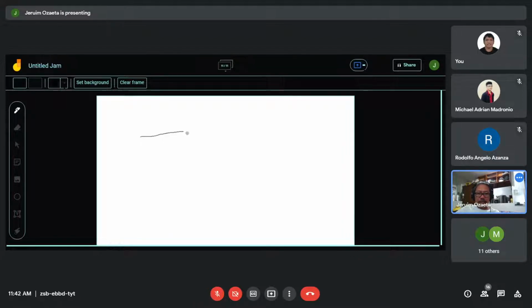We have now the kilowatt hour meter. The kilowatt hour meter has two sets of electromagnets.